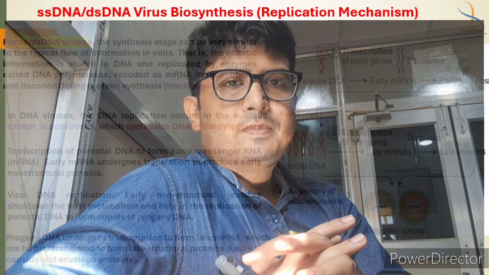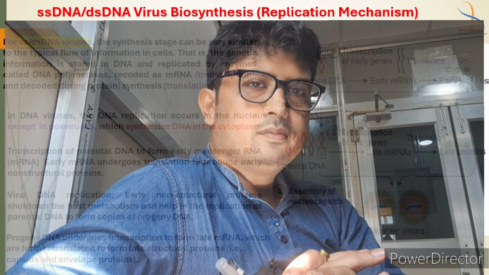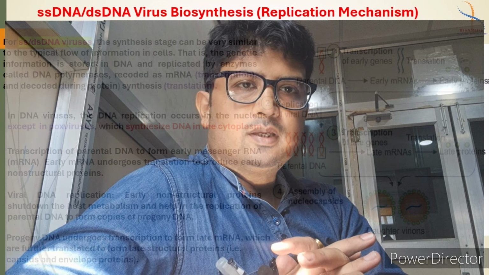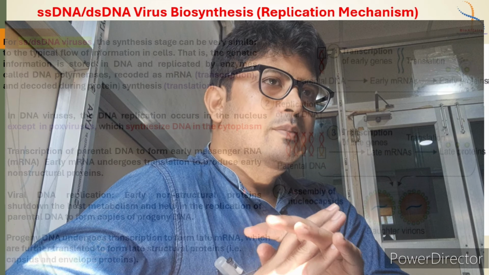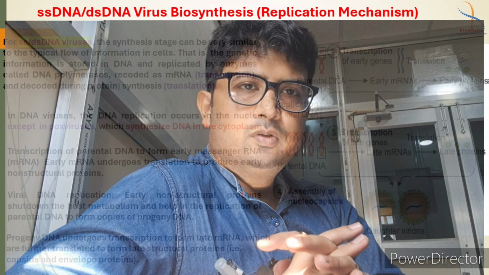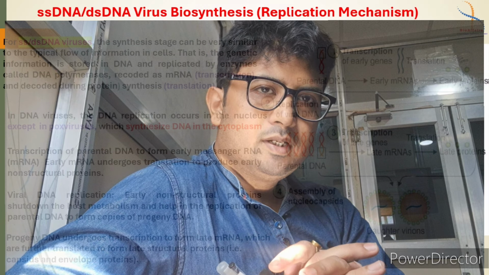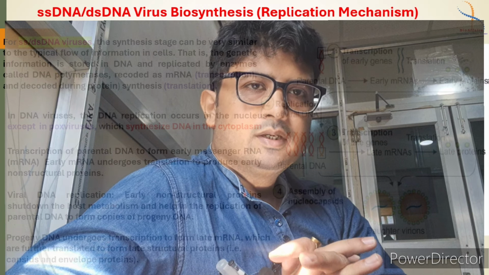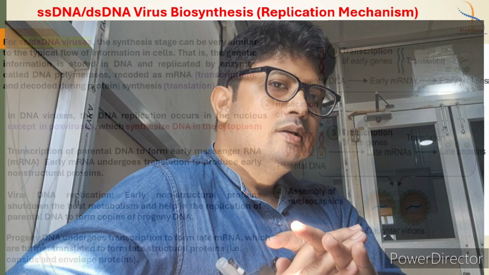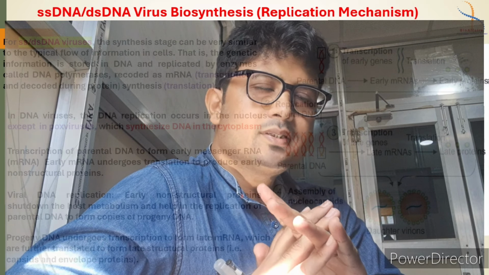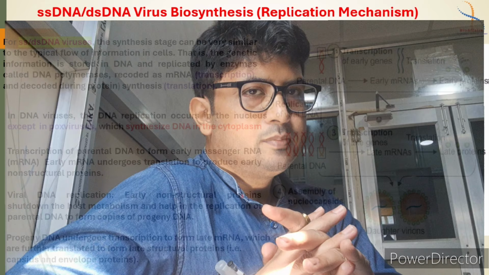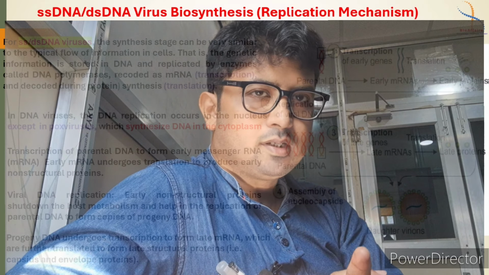Now coming to the replication mechanism, the most important part of this study. We know the viruses can be single-stranded DNA, double-stranded DNA, single-stranded RNA, or double-stranded RNA. Within the single-stranded RNA, it can be a positive sense RNA or a negative sense RNA.